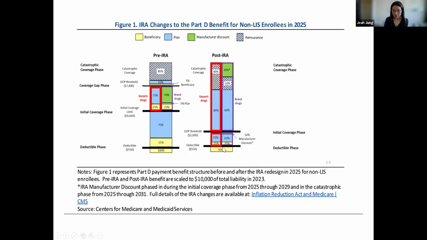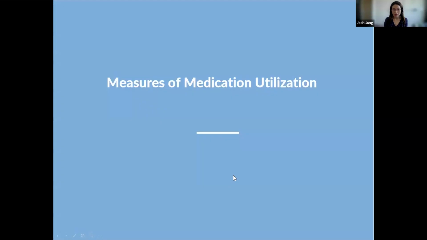You have a deductible phase, and the initial coverage phase, which is just a 25% co-insurance. And then once beneficiaries hit $2,000 out-of-pocket spending, it moves to catastrophic coverage, and then out-of-pocket spending is zero. So I know it's really down the road, but when 2025 data come out, the benefit phase variable might actually change.